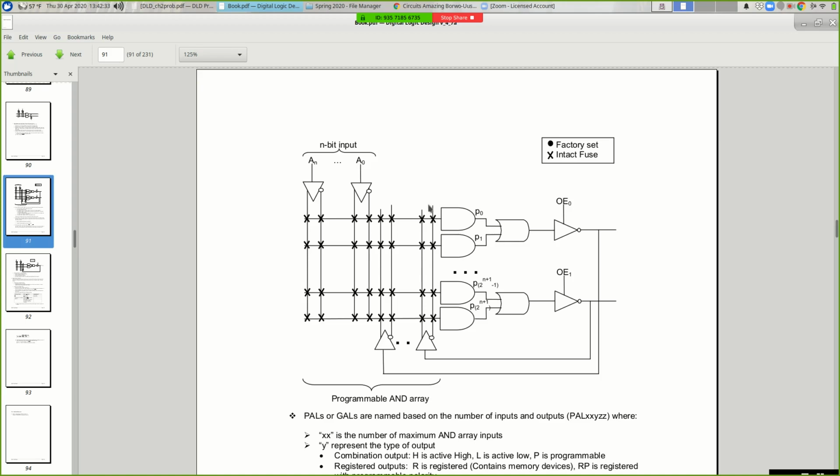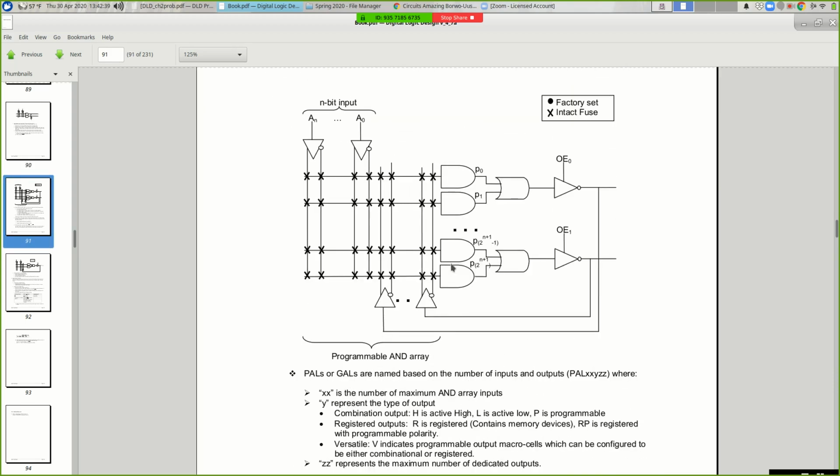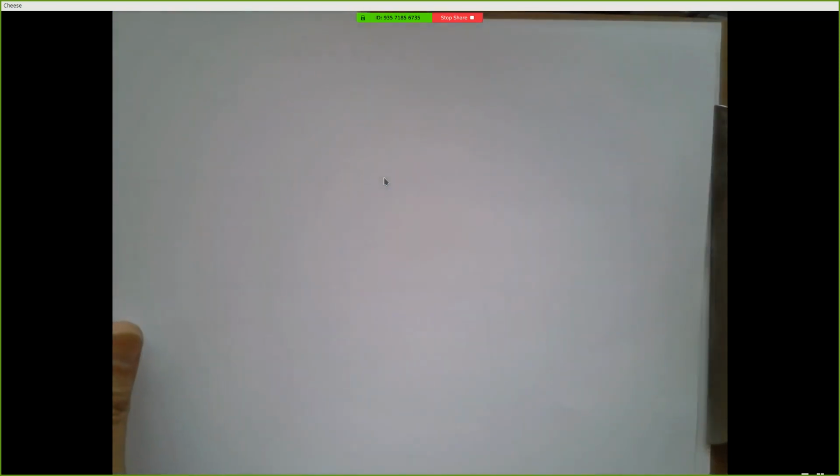And this is a very simple design. It's strictly doing a sum of products. But some of these also have the ability to have feedback. So the output can actually be sent back in to act like another input. So that means we can build circuitry that might look something like this.